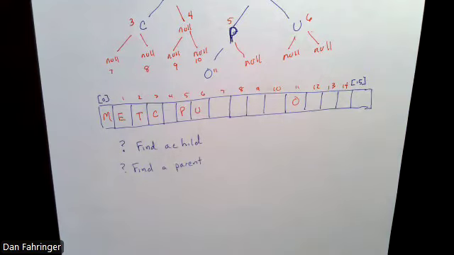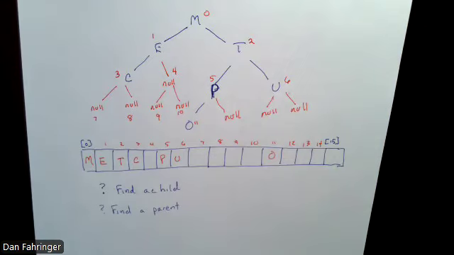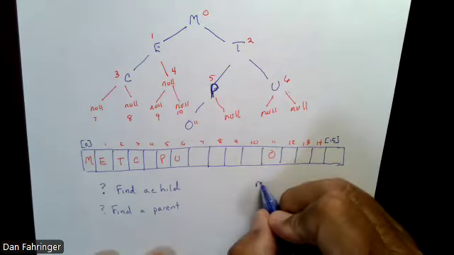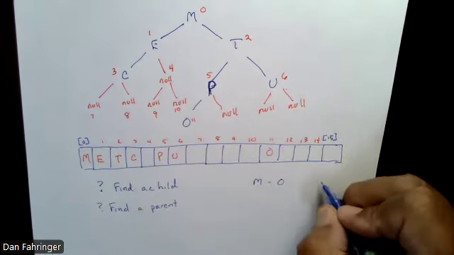Well, let's take a look at N. N is at 0, and where are its children? 1 and 2.